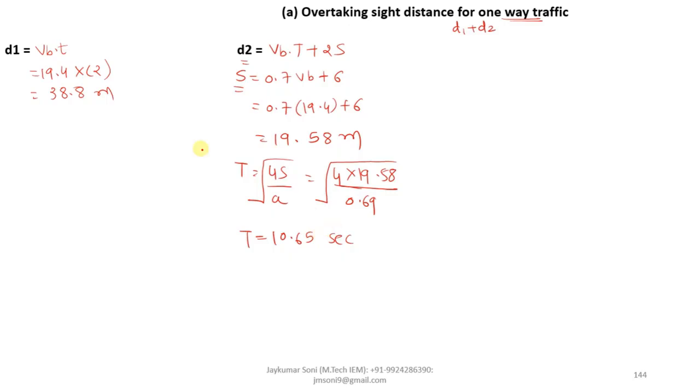Now let us put this value and this value into this. So it will be d2. vb is 19.4, t is 10.65, 2s is 19.58. So the d2 will be 245.72 meter.